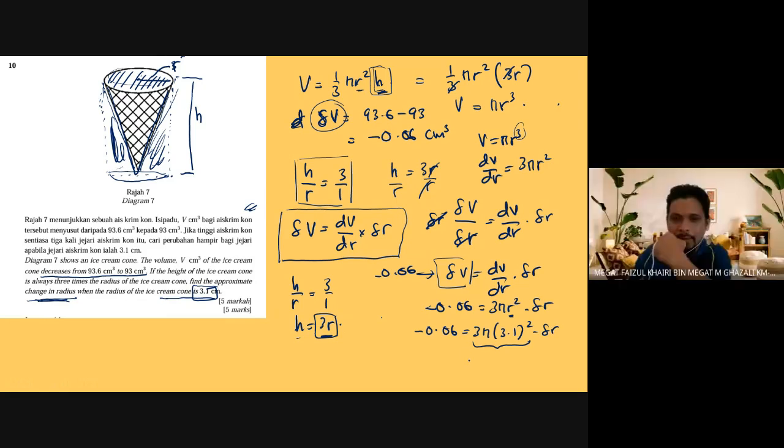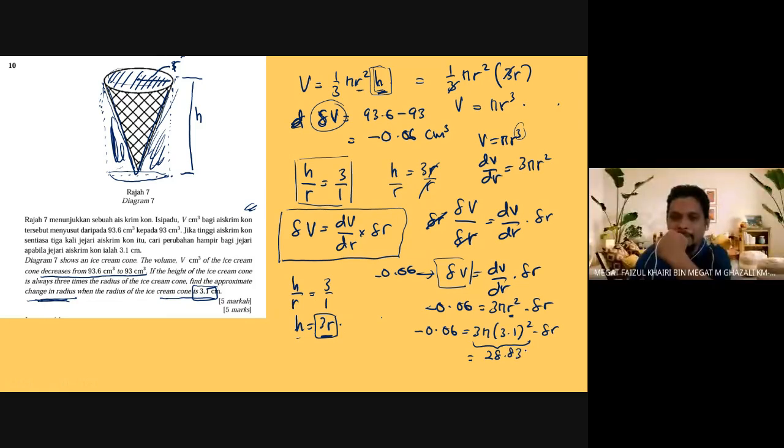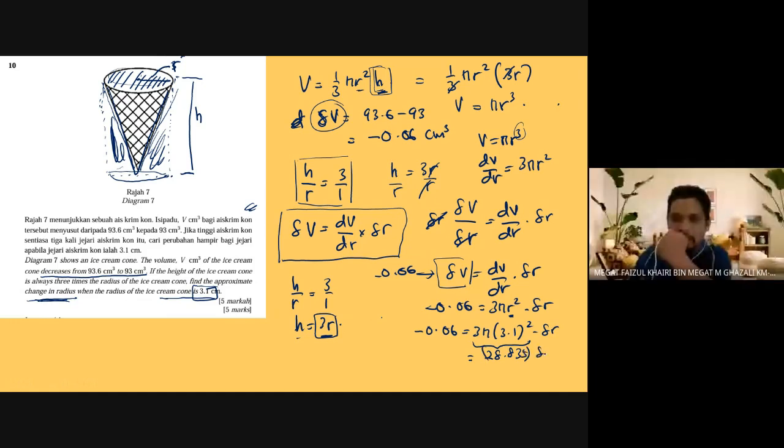Okay, 28.83, and then 5, and delta r, the small change in r.